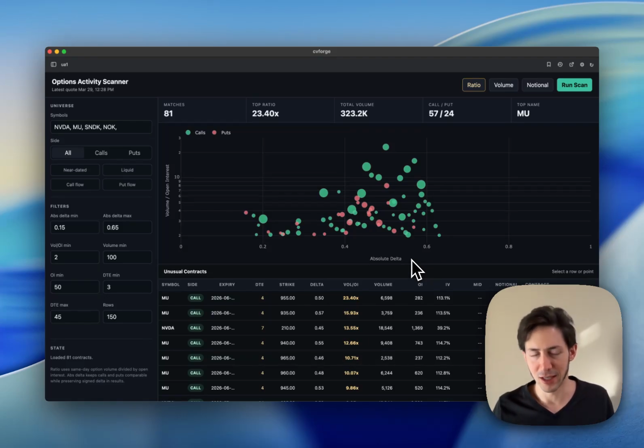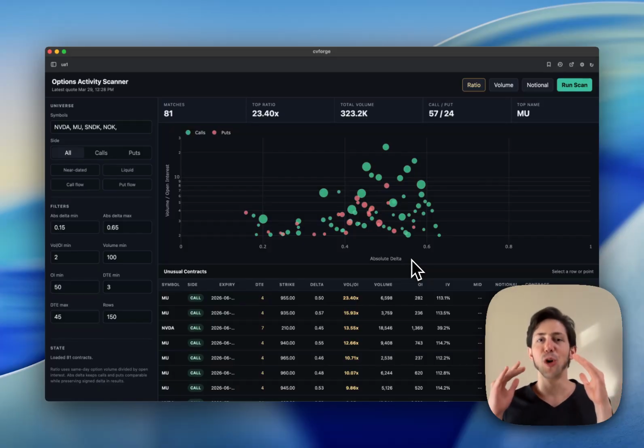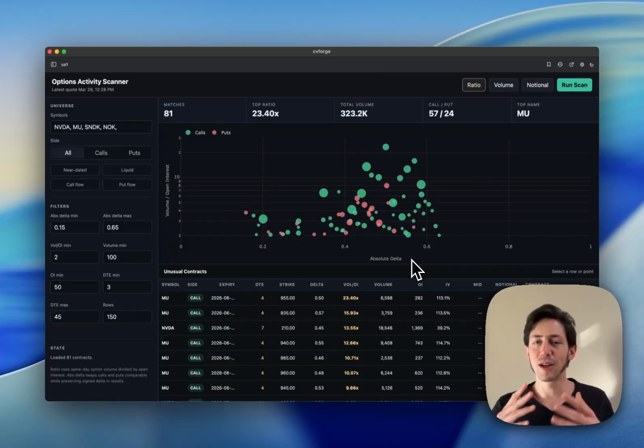So when you're looking for unusual options activity, the thing is that most options that trade, the highest volume of options that trade, are usually in the center, at the money, right? So you're usually going to find a lot of volume on the at the money or near the money strikes. So it could be some unusual activity, but it's harder to find signals near the money strikes, because that's where all the options are traded.